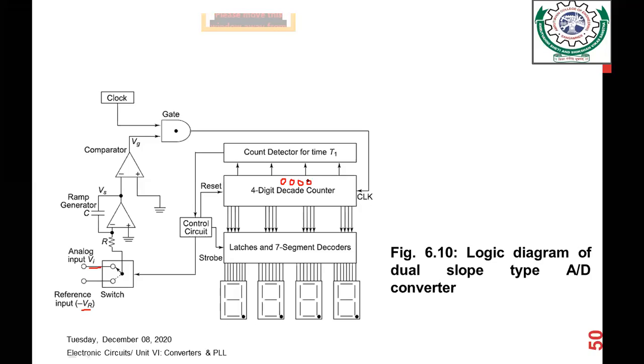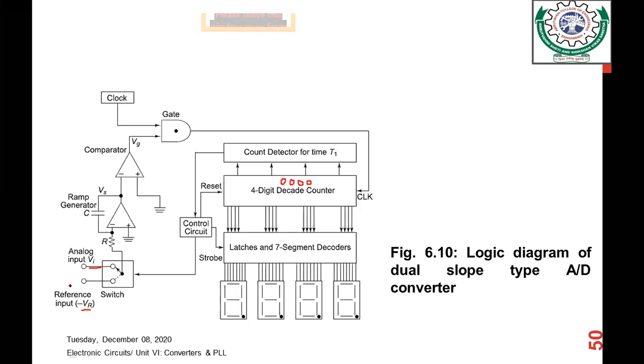The ramp output Vs is reset to 0 volt initially. The analog input voltage is considered positive, and the input to the ramp generator or integrator is switched to the analog input voltage Vi. So according to these assumptions, we start with the positive analog voltage.